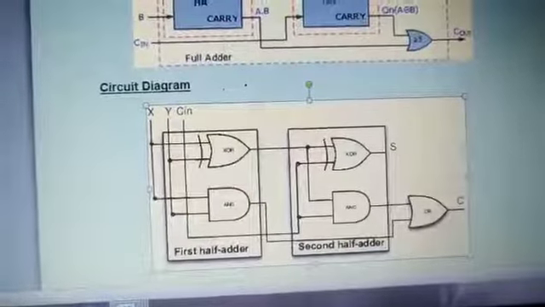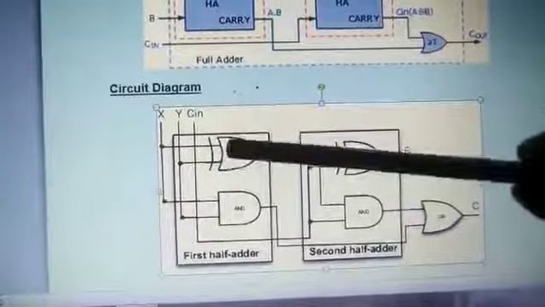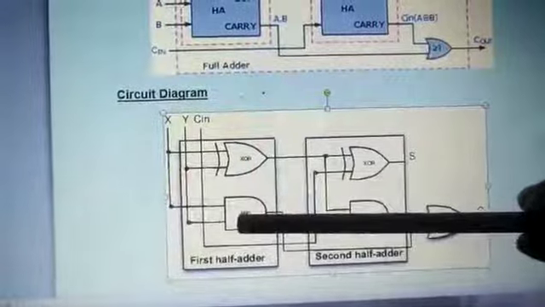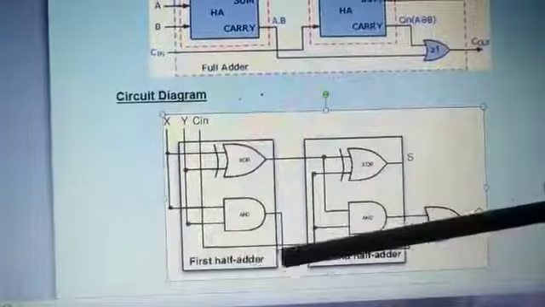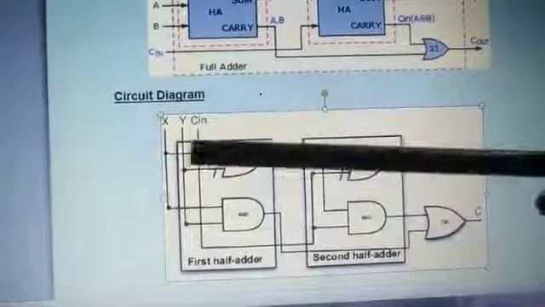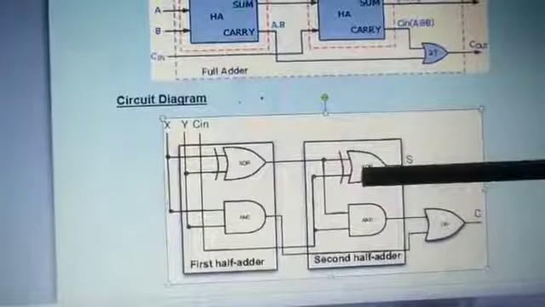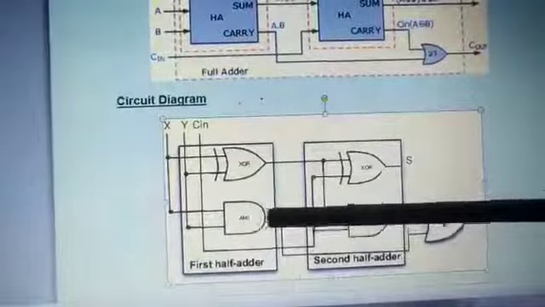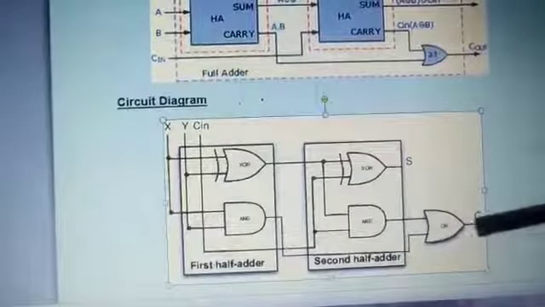Now look at the circuit diagram. Here is an XOR gate to get the first sum, and an AND gate to get the first carry output. Then C in becomes the input for the next gate, and the first XOR output passes through the second XOR gate, and this carry and the first carry both pass through the OR gate to get the final carry output.